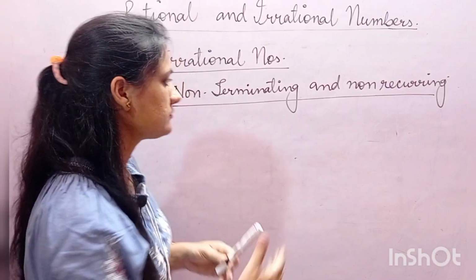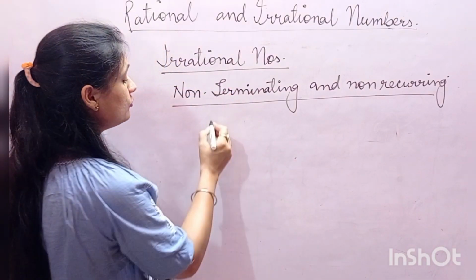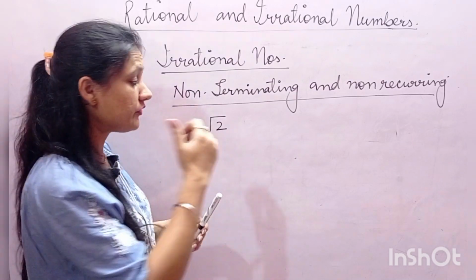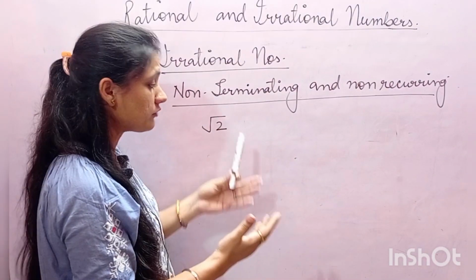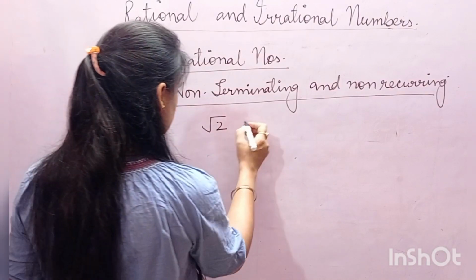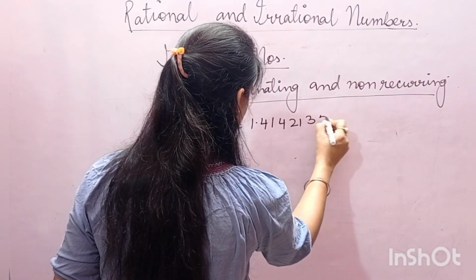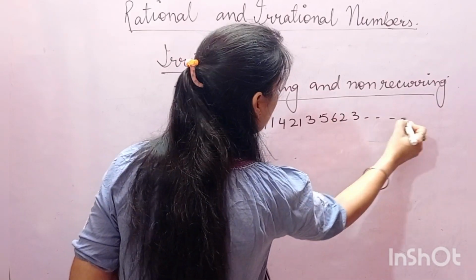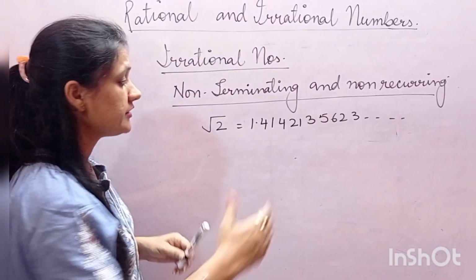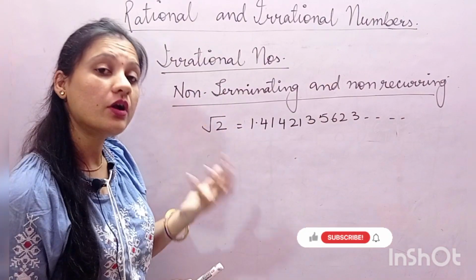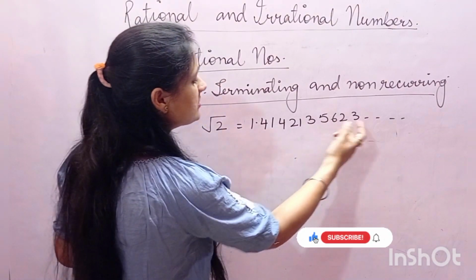They all are irrational numbers, like root 2, right? If you find the square root of 2, you'll get 1.4142135623, and so on. So what you see, it is not terminating, means this is non-terminating and non-recurring. Can you see any number which is repeating?